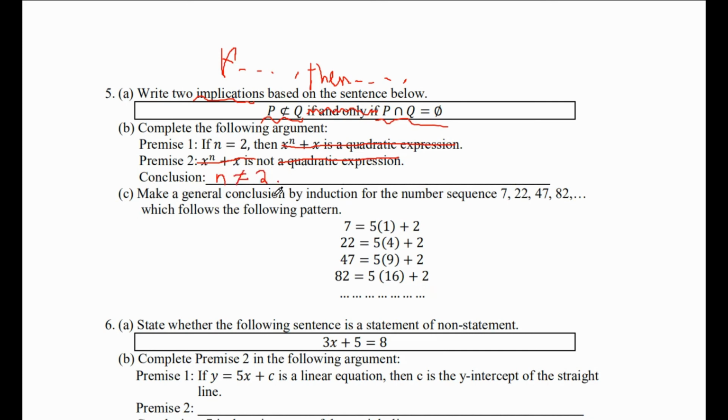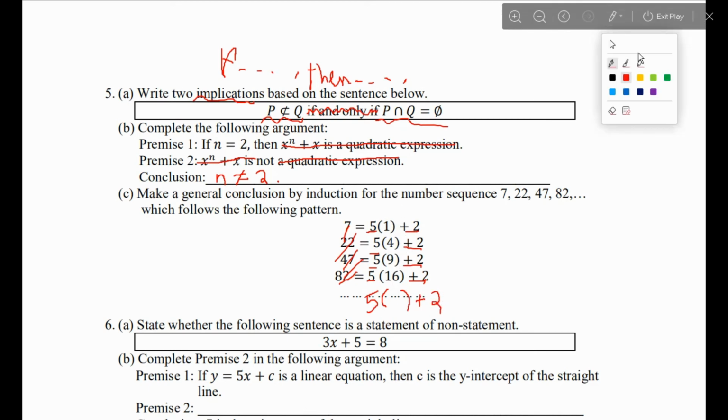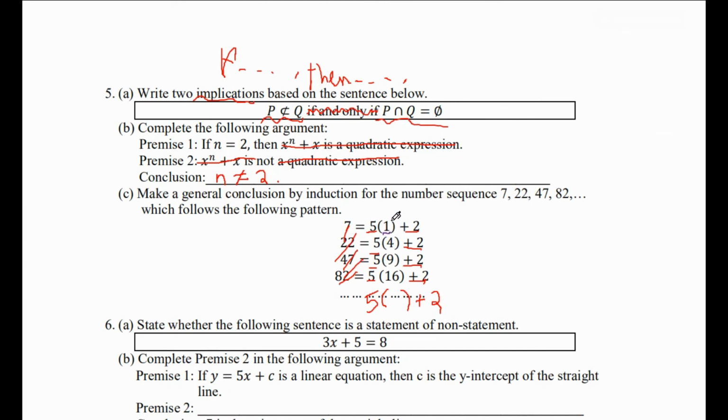C. Make a general conclusion by induction. Okay, so we ignore the left side. Then these are the repeated numbers 5, 5, 5, 5, plus 2, plus 2, plus 2, plus 2. So you write like this, 5 plus 2. Then how about this 1, 4, 9, 16? 1 we can write as 1 square, 4 is 2 square, 9 is 3 square, 16 is 4 square.